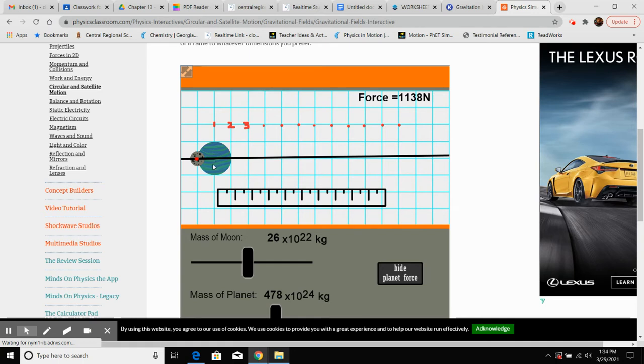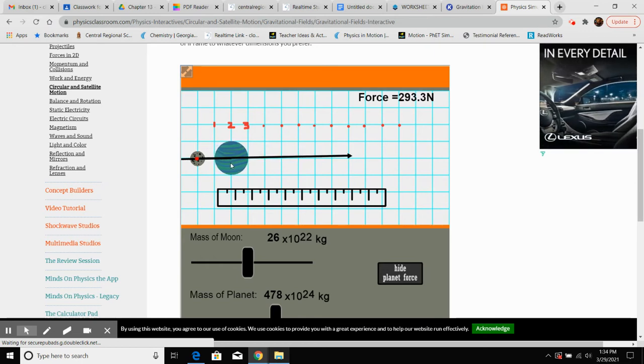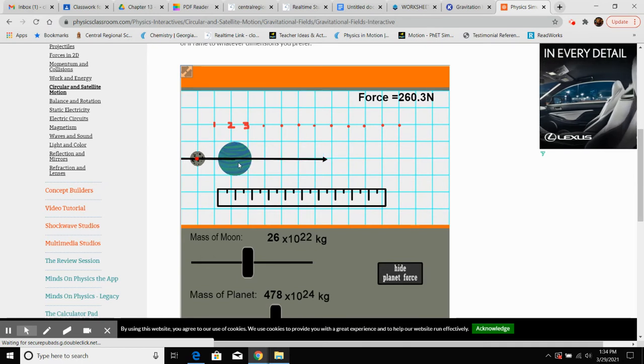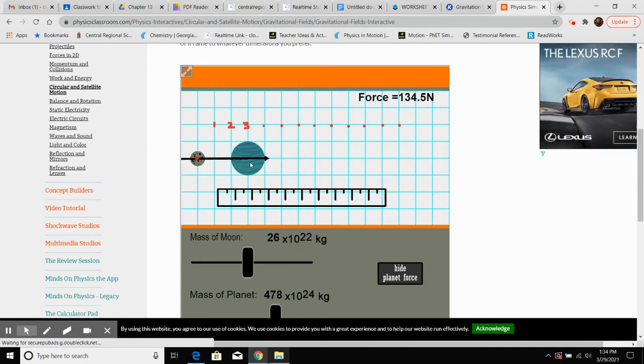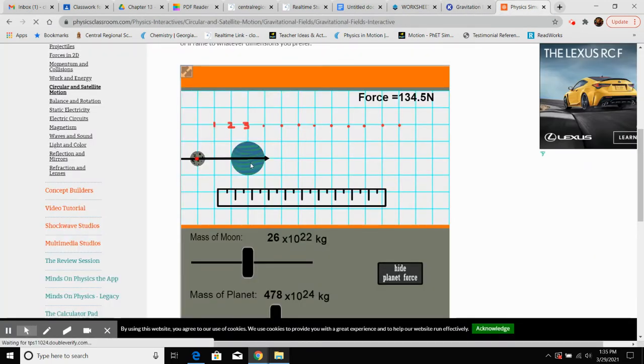All right, this 1138. Somewhere in between 1138 and this 1210 for your starting value. Okay, then get it centered. All right, so these values should be roughly the same though. 134.5, around 129.